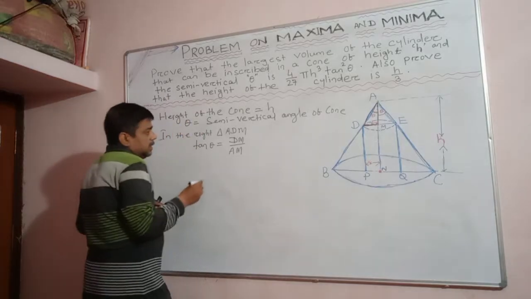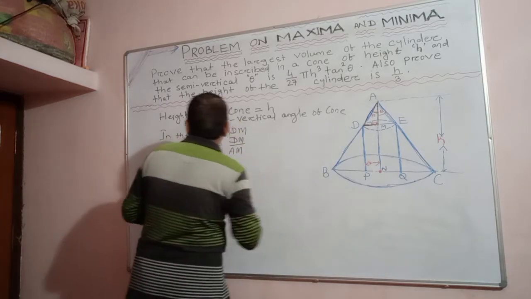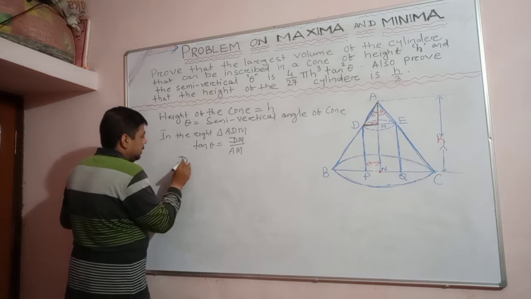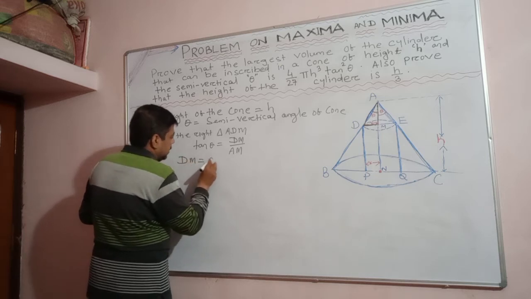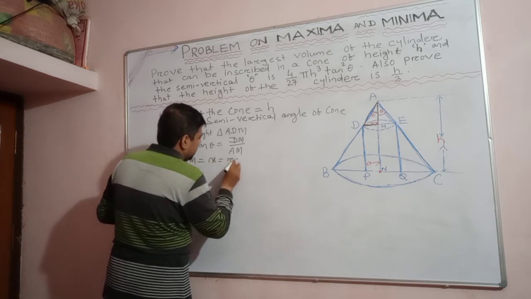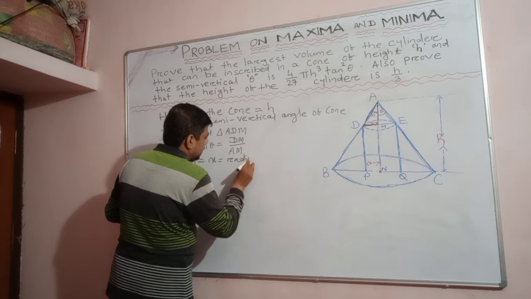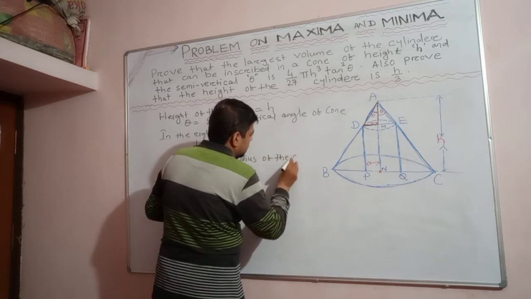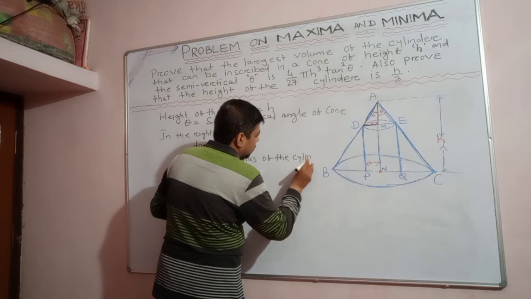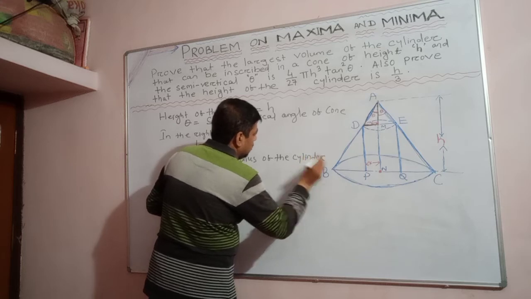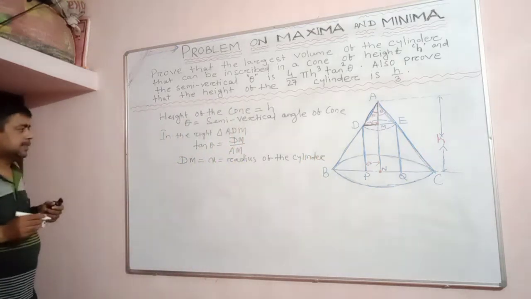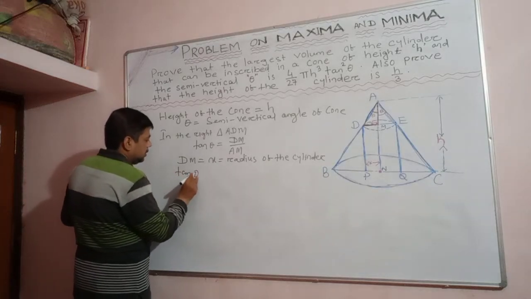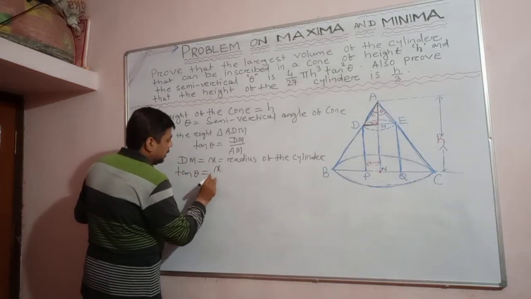Okay, and what is DM? Here DM is the radius. Let x be the radius of the cylinder, so DM is the radius of the cylinder. Now you see, tan theta is equal to x divided by AM.